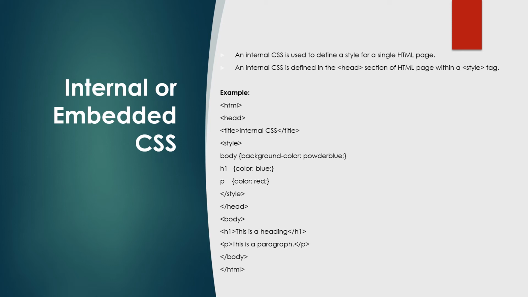And for the p element, also the CSS property color is used and it is set to red. That means the style background color can be applied to the body tag. Color blue can be applied to all the h1 elements of this HTML document, and the style color set to red can be applied to all p elements of this document.